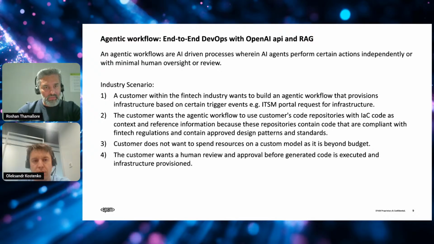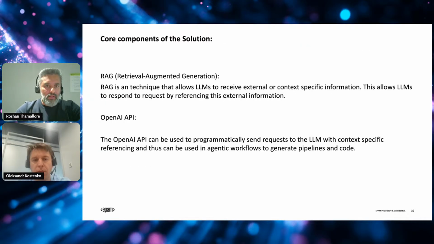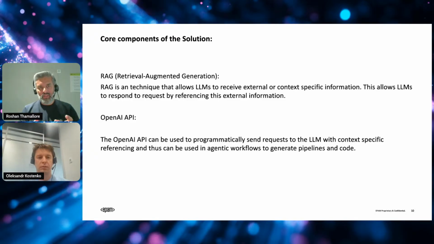Let's talk a little bit about the solution. Core components of the solution, in my view, would be RAG, Retrieval Augmented Generation. It is a technique that allows LLMs to receive external and context-specific information. This allows the LLMs to respond to requests by referencing this information and providing a very customer-centric solution.